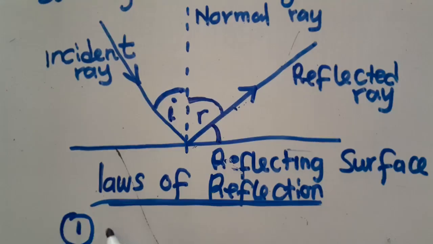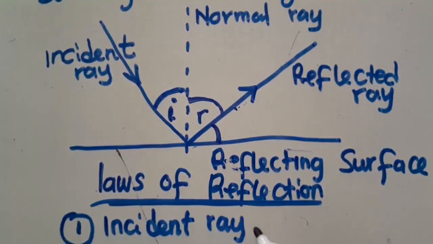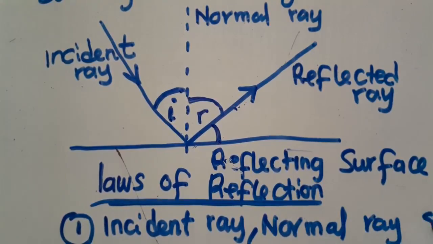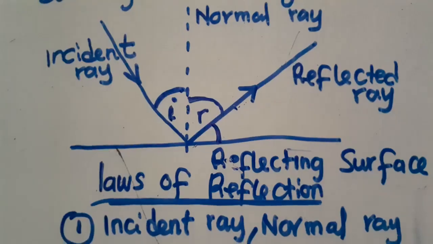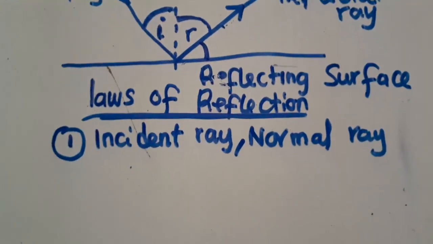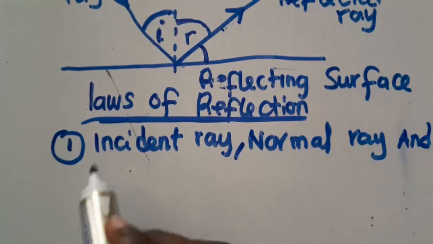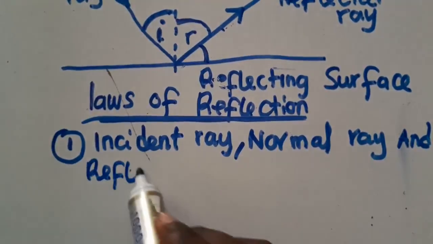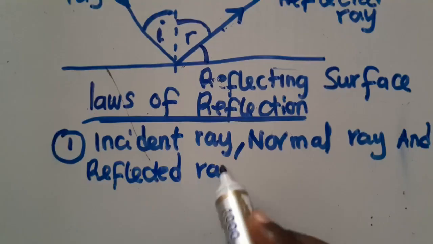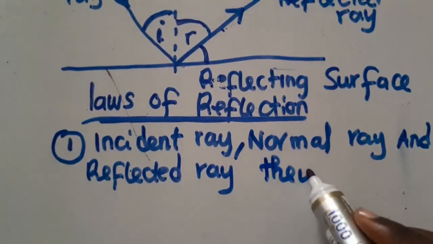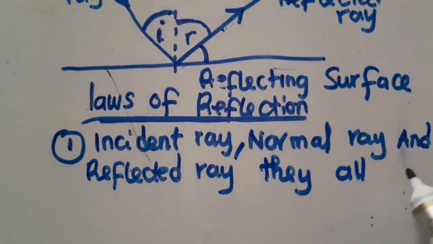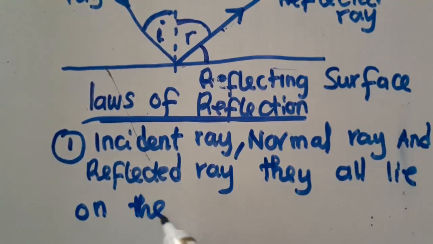The first one is that the incident ray, the normal ray, and the refracted ray all lie on the same plane.